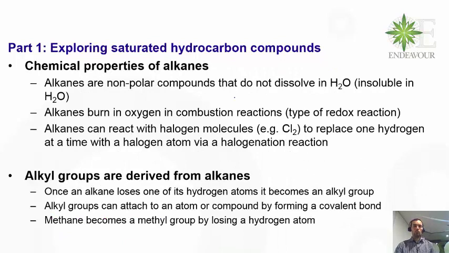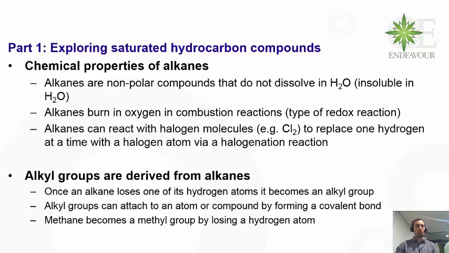We then had a look at some of the properties of our alkanes. The fact that the alkanes are non-polar compounds, meaning they won't dissolve in the polar water. The alkanes were able to burn in oxygen via combustion reactions, which are also redox reactions. And we also saw that the alkanes could react with halogen atoms to replace the hydrogen atoms via halogenation.